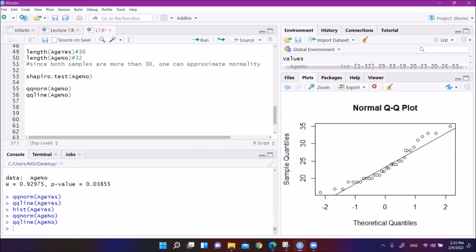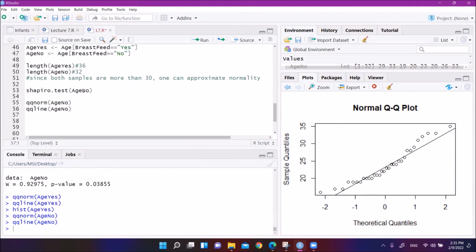Here also I can see some deviation. Anyway, the Shapiro test gave that this is not normally distributed. This has to go in line here. By looking at this plot, you really cannot exactly say whether this is normal or not. This is just for the descriptive analysis.